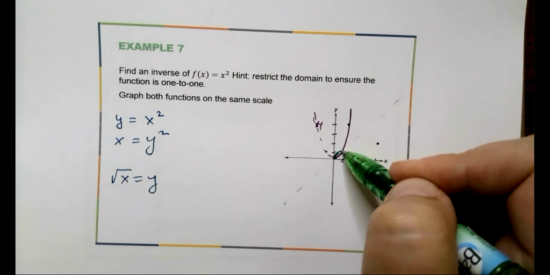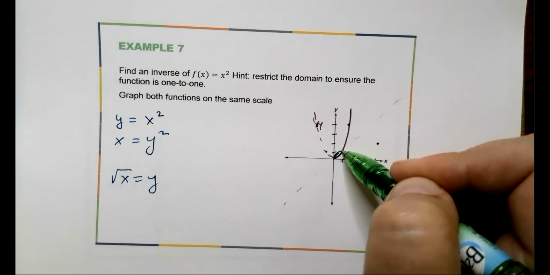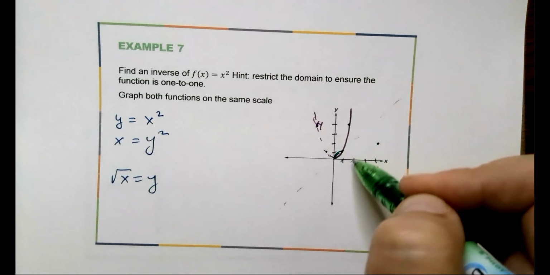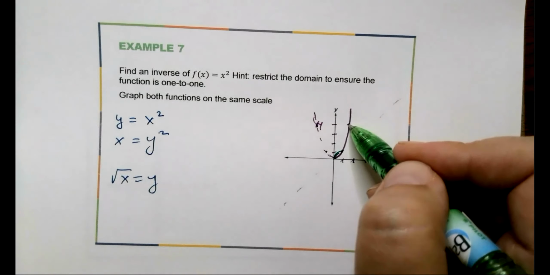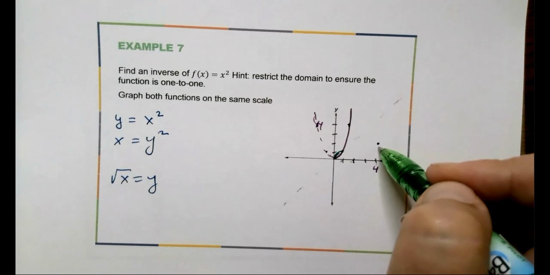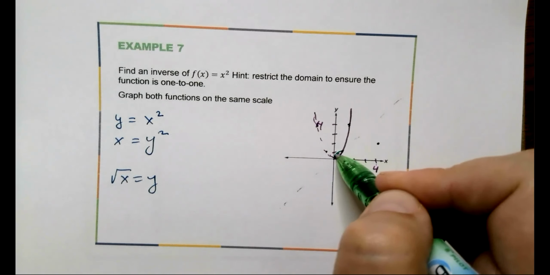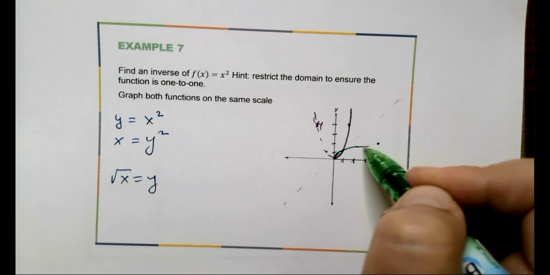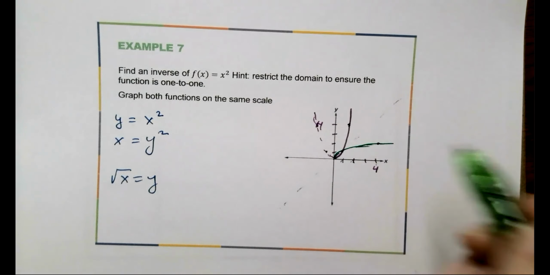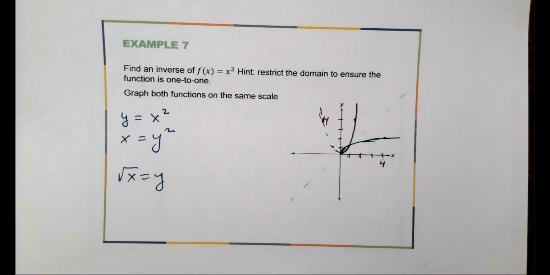So this one is 1, 1. So inverted is going to be 1, 1. And this point is 2, 4. So inverted is going to be 4, 2. So it's to help me graph this function.